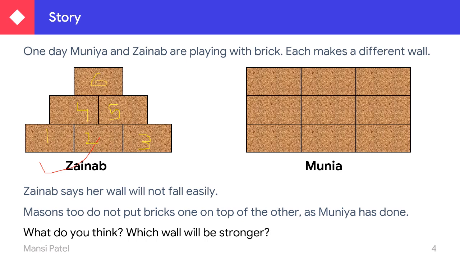So you can see here when she is putting the fourth brick, at that time the weight of the fourth brick is divided on the top of first and second. When she arranged the fifth brick, the weight of the fifth brick is divided on the top of second brick and third brick. So from this pattern we can say that Zainab's wall will be stronger.